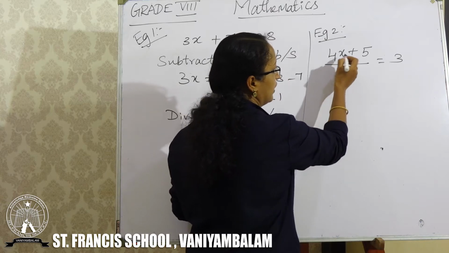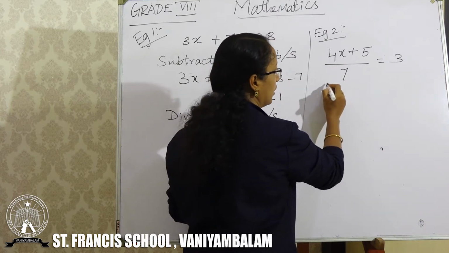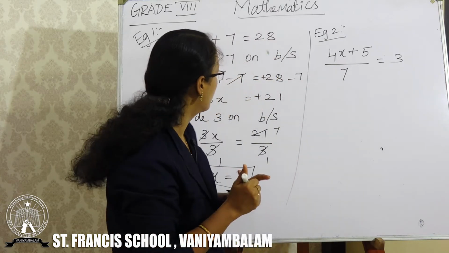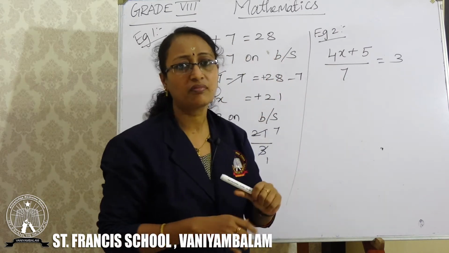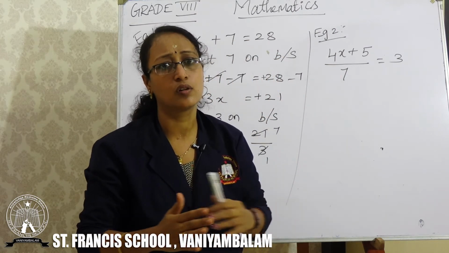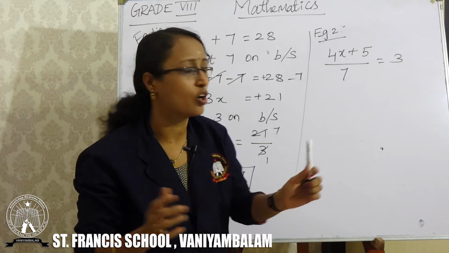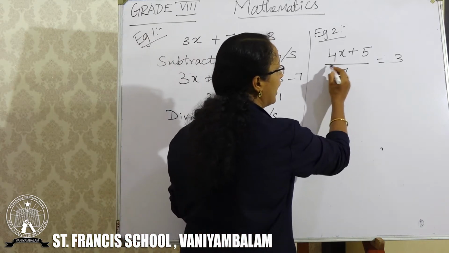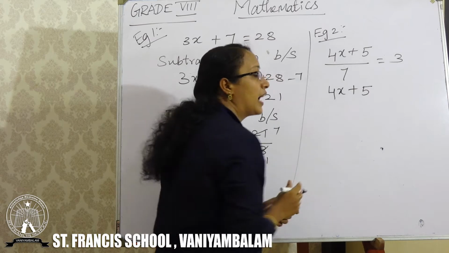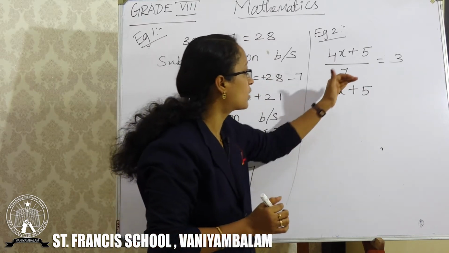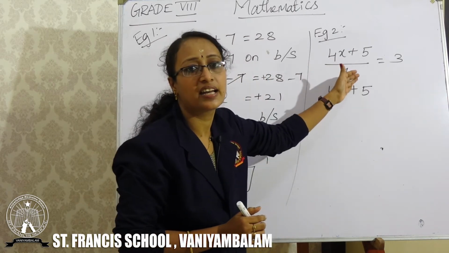First, here 7 is in division. In the first example we used the step method. Here you can use another method, that is, you will solve the equation in the normal method. You have the fraction now. Just check what the denominator is. They are in division.